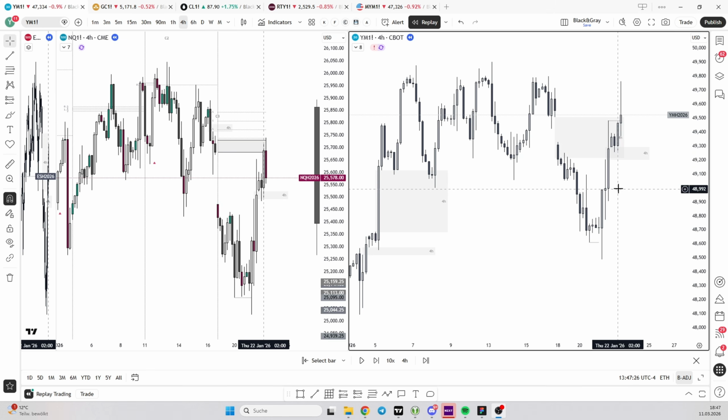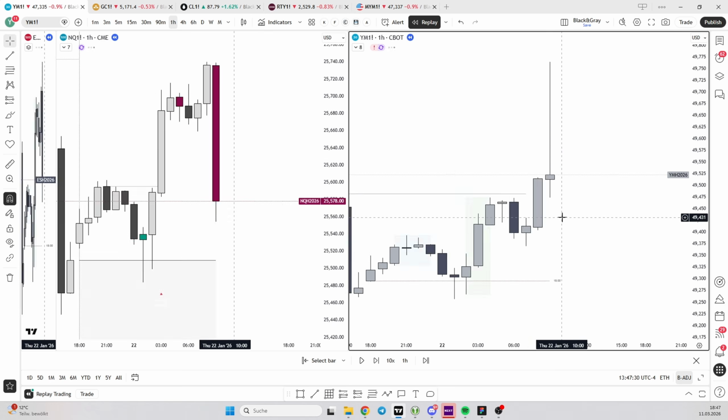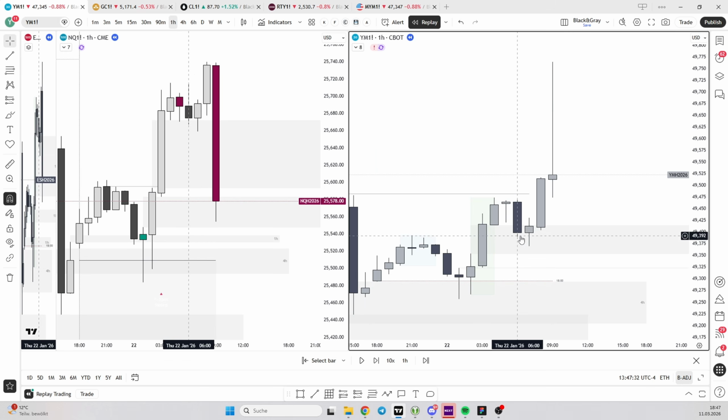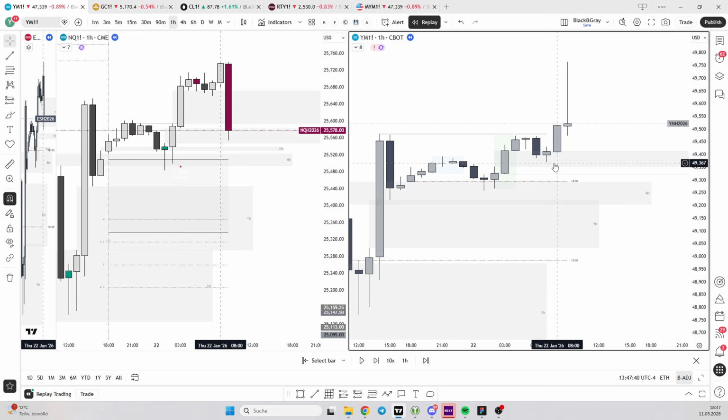Then we had a displacement higher, so I had to wait to come back into this fair value gap. We are creating relative equal highs, so we know it's most likely that we will continue and take out this high. We are coming lower into this 1 hour fair value gap.